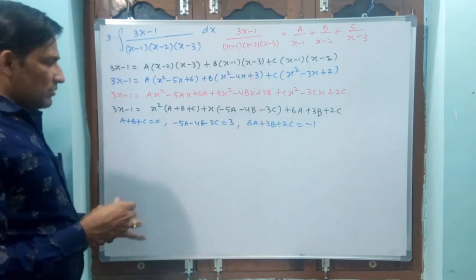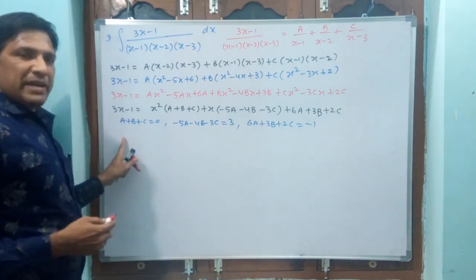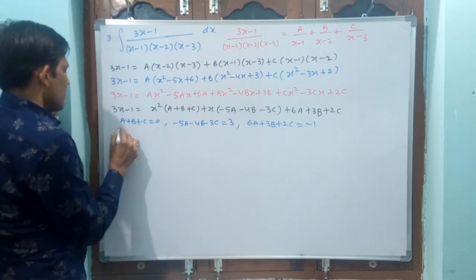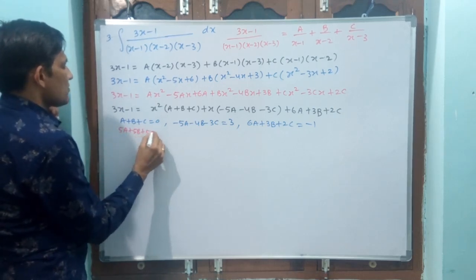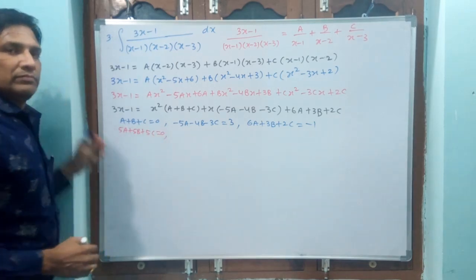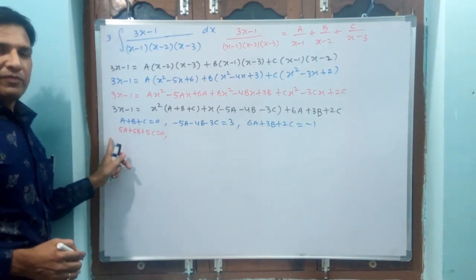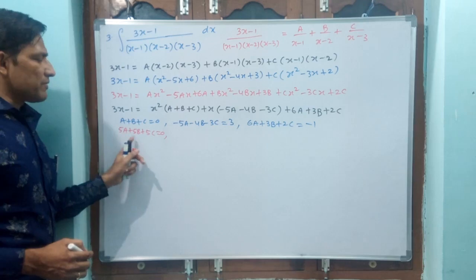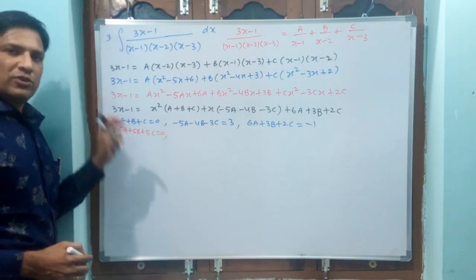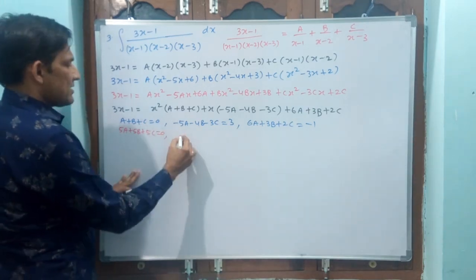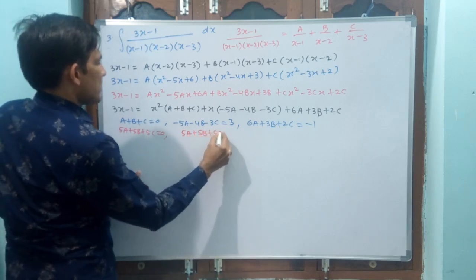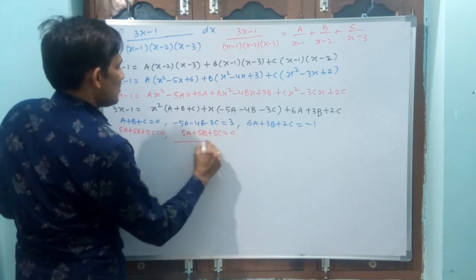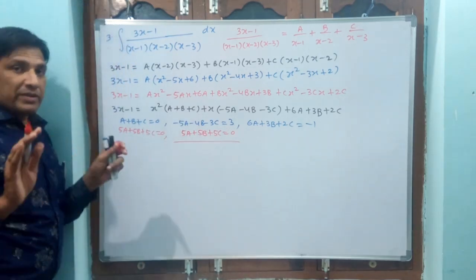See what I am doing now. First I am multiplying by 5. Okay, see 5a plus 5b plus 5c is equal to 0. If you multiply by 5 on both sides, then 5a plus 5b plus 5c is equal to 5 into 0, 0 only. Okay, see here I am adding. You have to do this very carefully.